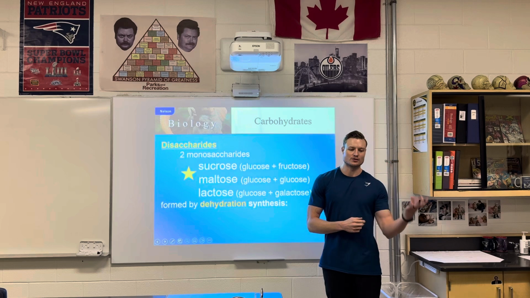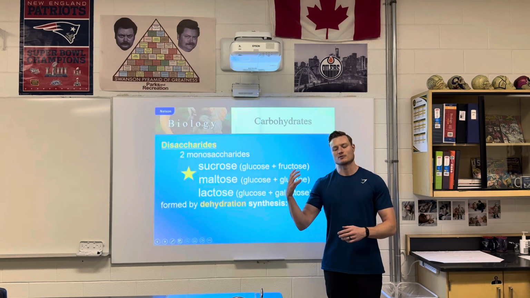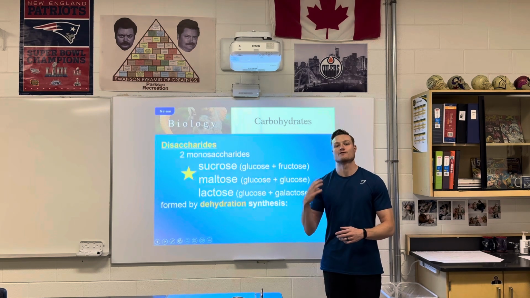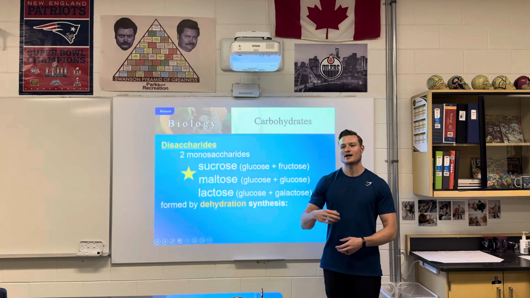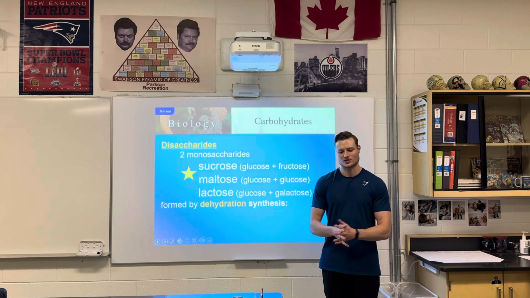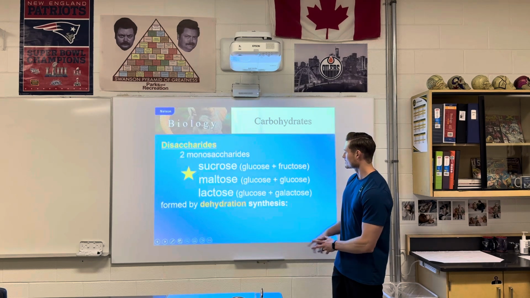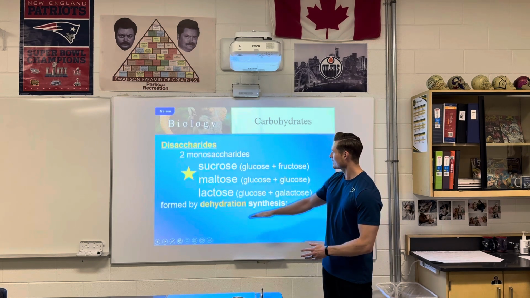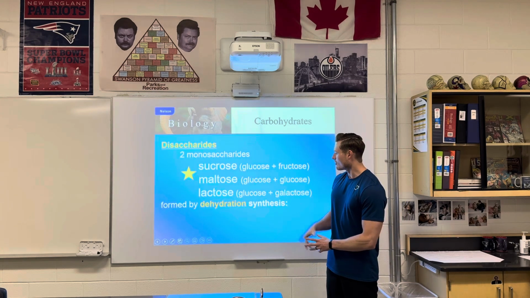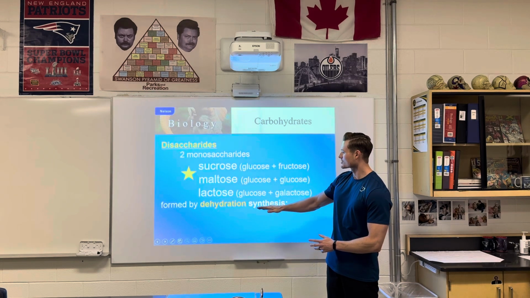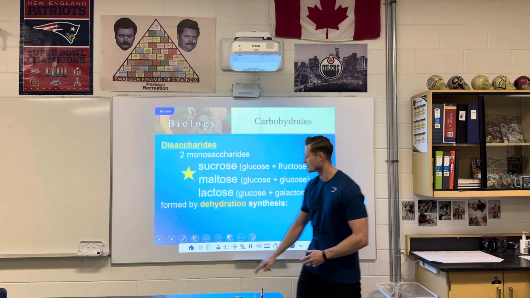If I take a glucose molecule and add it with a fructose molecule, I get sucrose. And then if I were to take glucose and galactose, I get lactose, which is found in most dairy products.